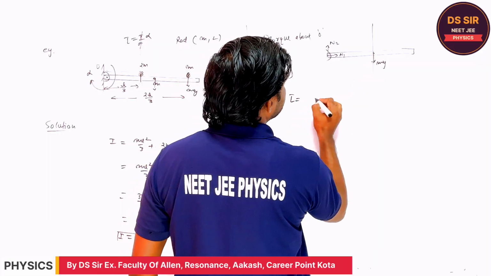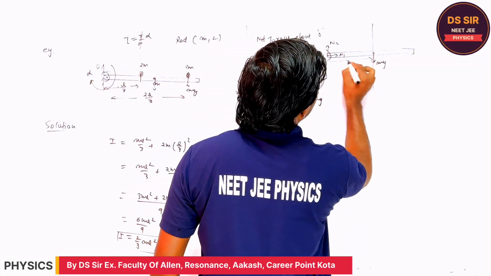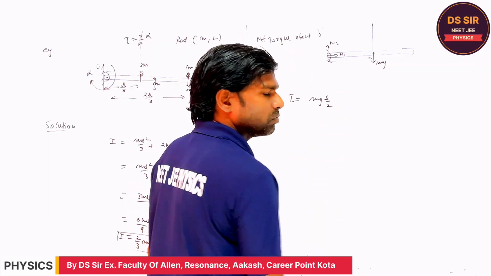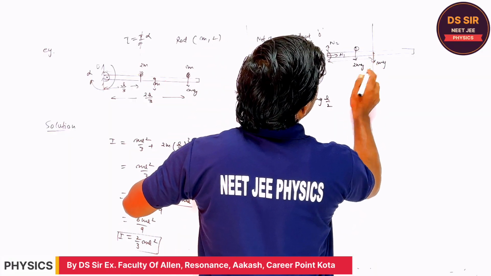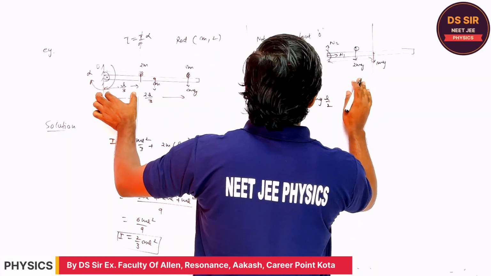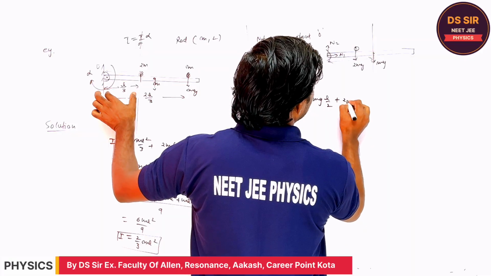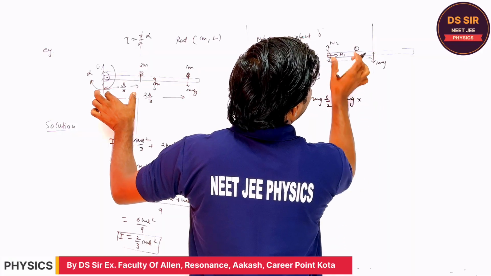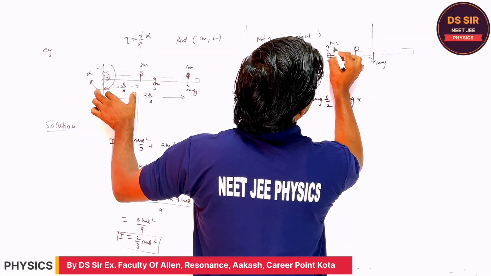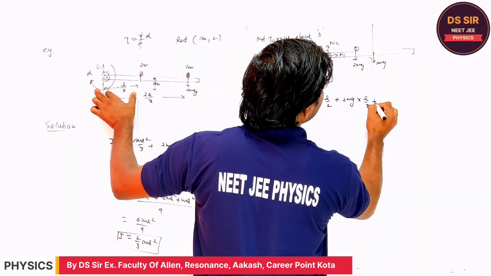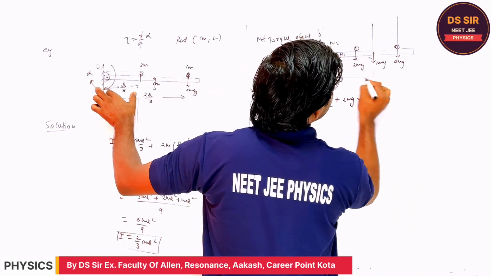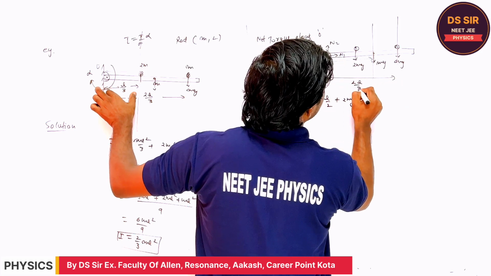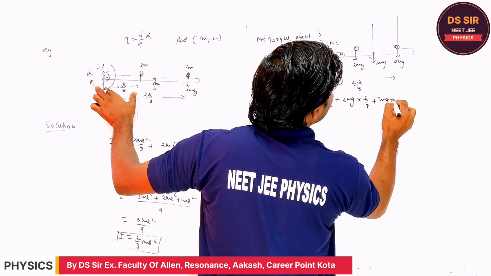The net torque is mg into the perpendicular distance L by 2, plus 2mg into the perpendicular distance L by 3, plus another mg with perpendicular distance 2L by 3, so mg into 2L by 3.